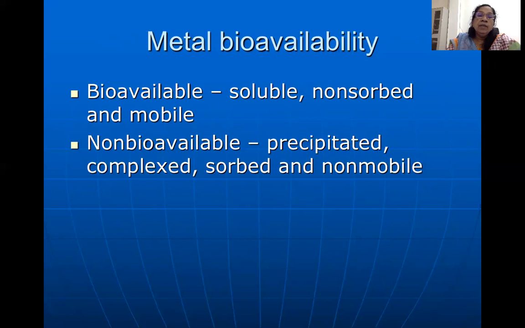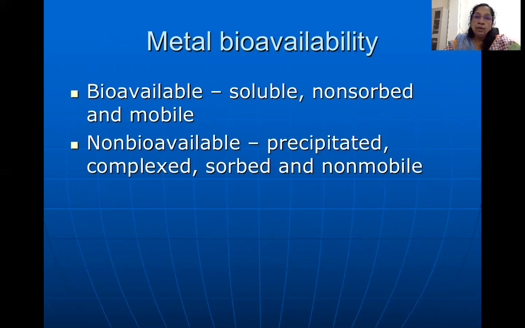And the bioavailable forms are mostly the soluble forms, that is, they will be in the dissolved, aqueous form, and they will be in the non-sorbed form. They will not be sorbed to clay or any solid matrix, and because they are soluble, they will be mobile also. So in these conditions, the bioavailability increases.